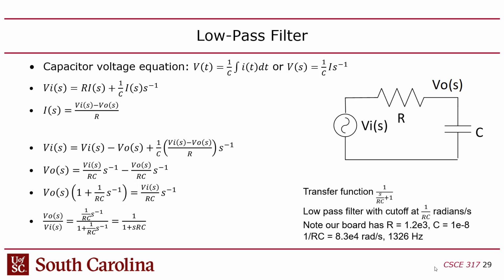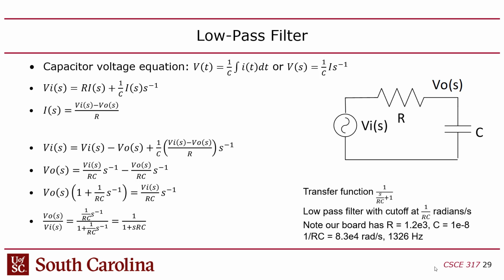Right? Now you might say, well, how do you know that? I don't know how that's derived. That's just a rule. If you have a transfer function in this form, then you can take part of the transfer function, and that becomes some term. In this case, the term is the cutoff frequency.